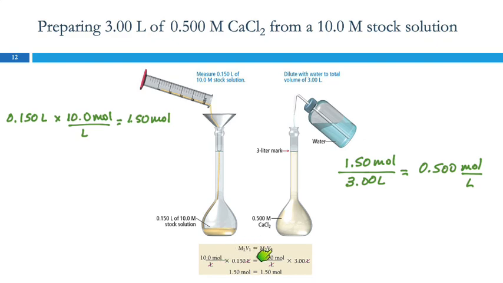This is the equation that we can use for dilution equations. M1V1 equals M2V2. This is the molarity of the first solution times its volume. That's going to equal the molarity of the second solution times its volume. If we're trying to find the new molarity, we can just rearrange this equation.